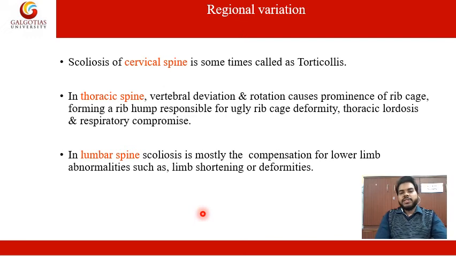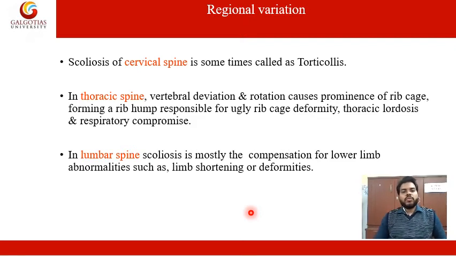There are regional variations also present. Scoliosis of cervical spine is sometimes called torticollis. Torticollis is usually present in the cervical spine, that is your neck. In thoracic spine, vertebral deviation and the rotation cause prominence of the rib cage, forming a rib hump responsible for ugly rib cage deformity and the respiratory compromise.